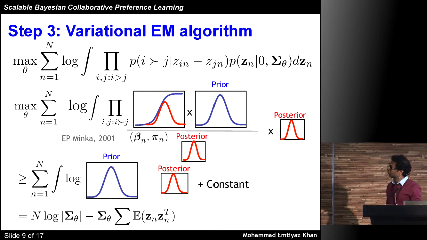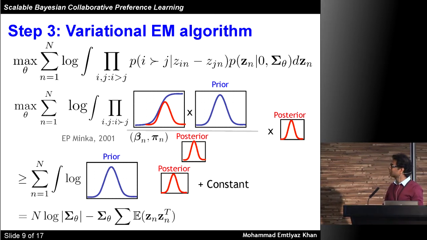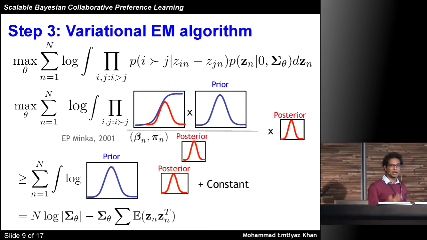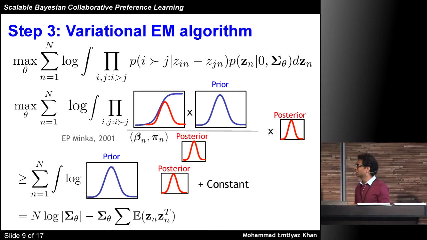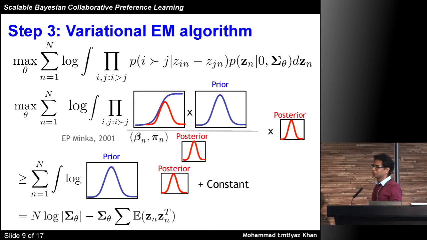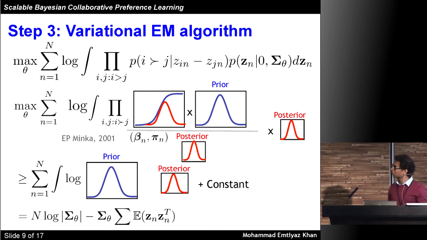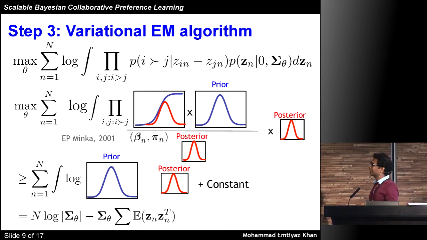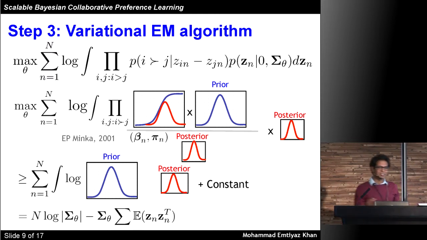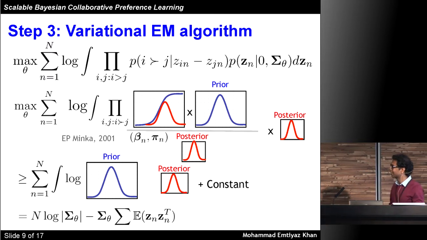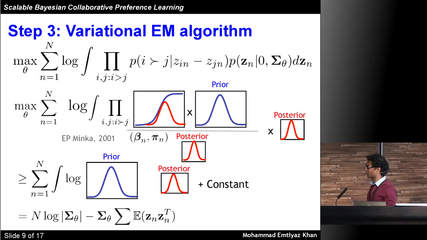The first problem is that the Gaussian prior is not conjugate to the likelihood, so I can't compute the posterior distribution in closed form. So I do the usual trick of Gaussian approximation. You could use a method to come up with a Gaussian approximation to this logit likelihood, and you have to compute the mean and the variance for that. You could use Laplace approximation or variational Bayes, but we do expectation propagation, and it works quite well.